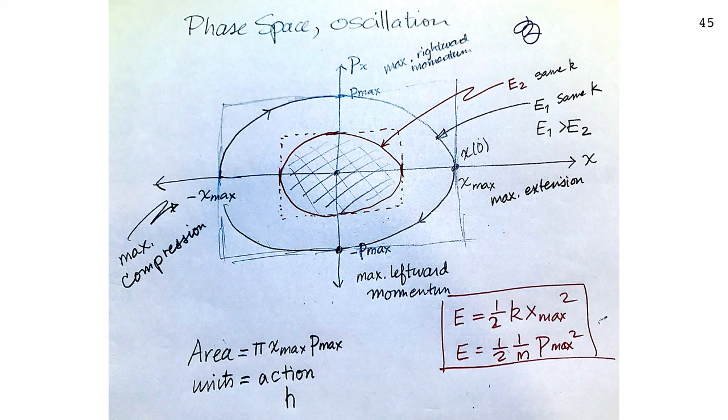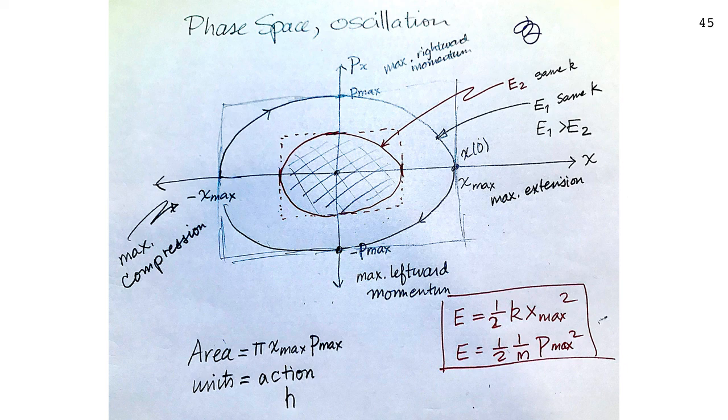That's a little bit sharp there. Try to straighten this out. That's better. So here, this one has energy E2.